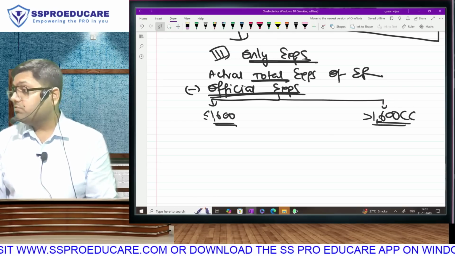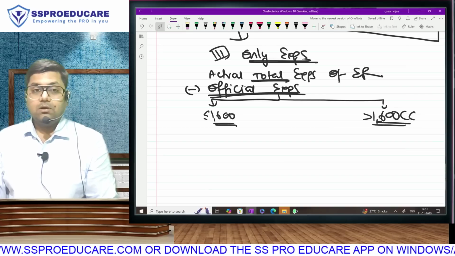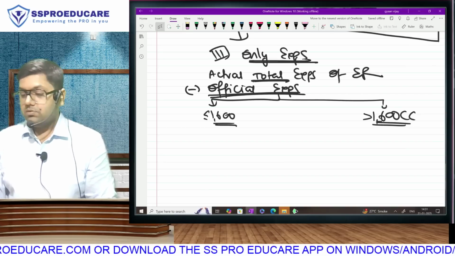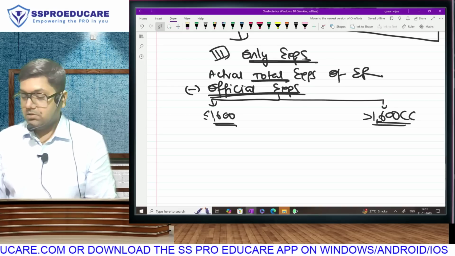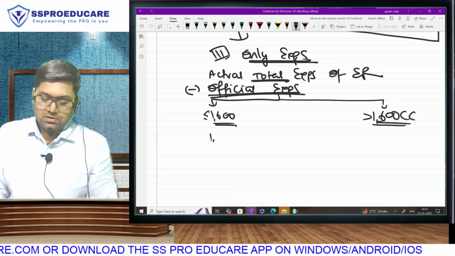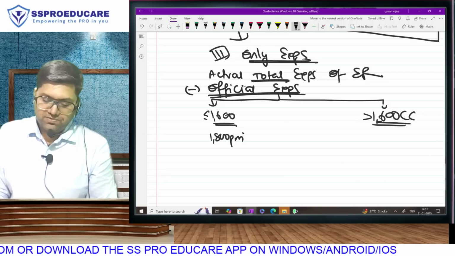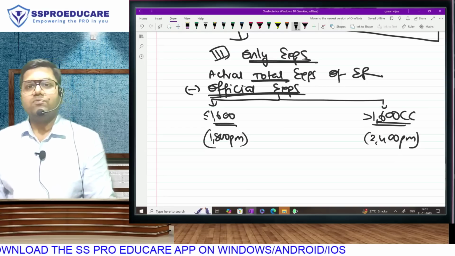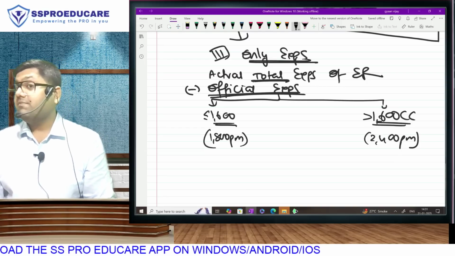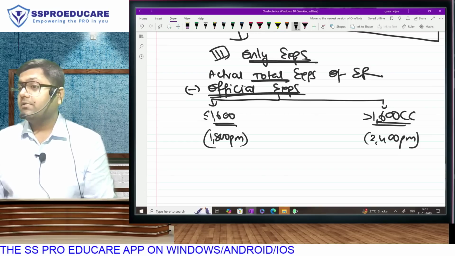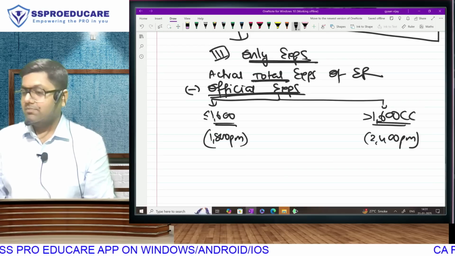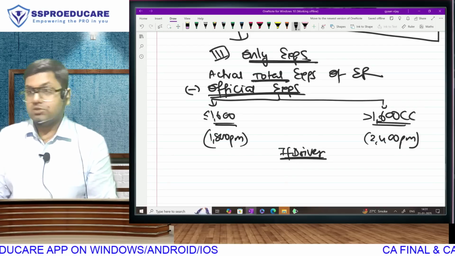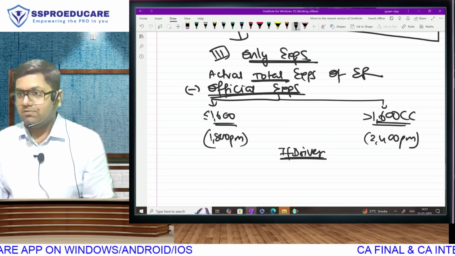If this much confusion was not enough, they add fuel to the fire. They add more confusion, see what the amounts are. They say that the notional amount will be 1,800 per month for a small car and 2,400 per month for the big car. And why am I putting these amounts in brackets? Because we are subtracting. Further, they say if a driver is also given, because the boss is giving expenses, so likely he is giving you a driver also.